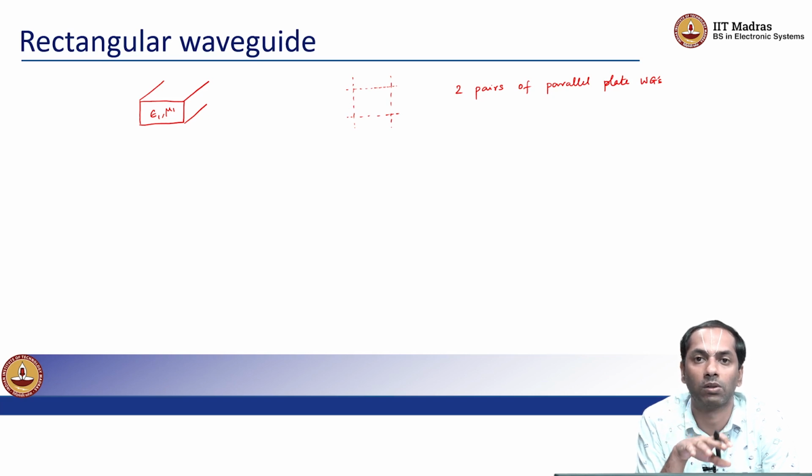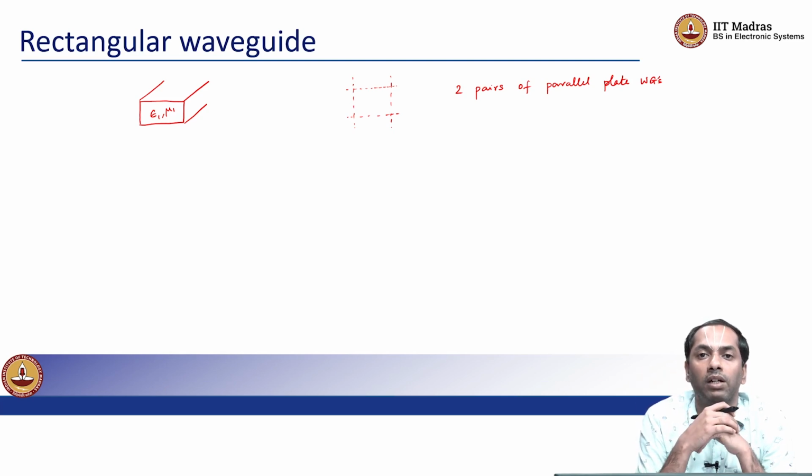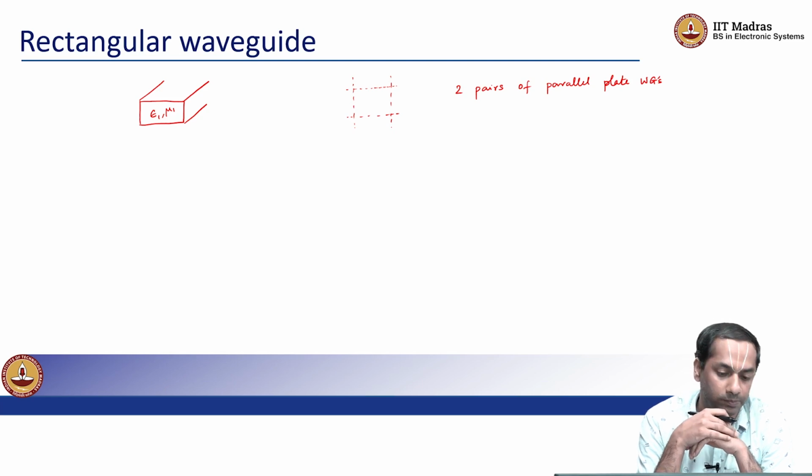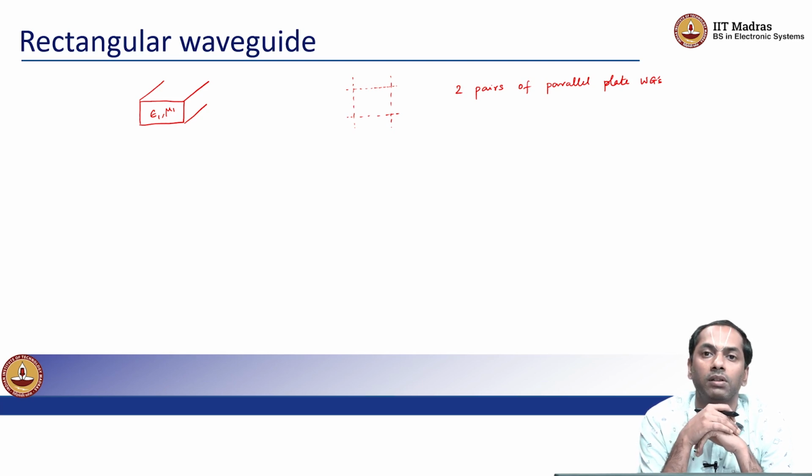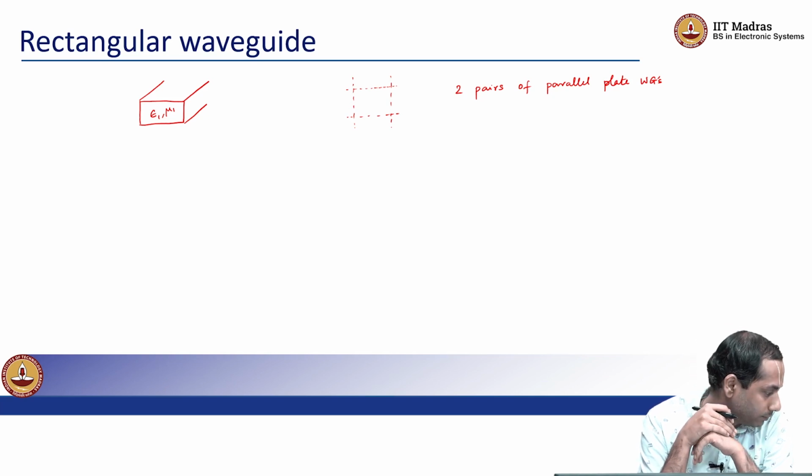So now I want to constrain the fields to not permeate all along the y axis as well. I want to bound the electromagnetic fields in both the transverse dimensions and only have one particular propagation direction. So that is how I can think of the birth of the rectangular waveguide idea.